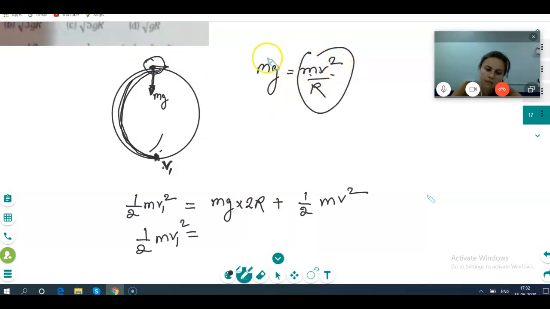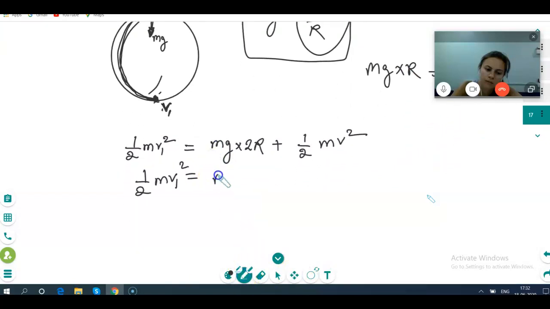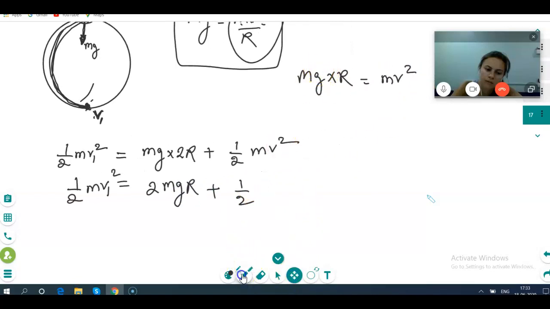Look here from this formula: mg = mv²/r, so mv² is equal to mgr. Is it clear? I will put here 2mgr plus half mv², and in place of mv² I will put mgr from this equation.